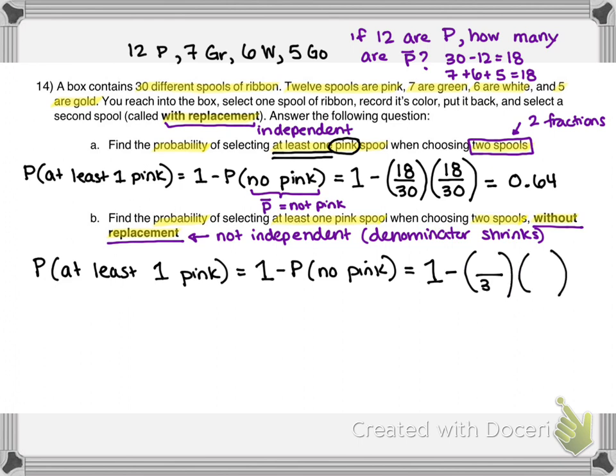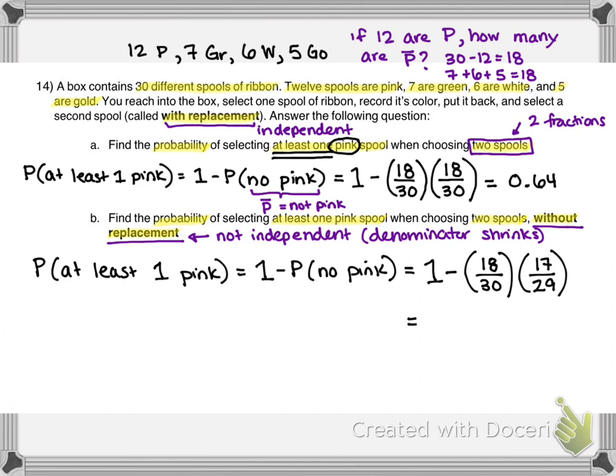This time, the first one is over 30, and the second one is over 29. This is because this is without replacement. So again, these are both not pink. I reach in the first time, and there are 18 that are not pink. I take one of those and I keep it. So now there are 17 left that are not pink.